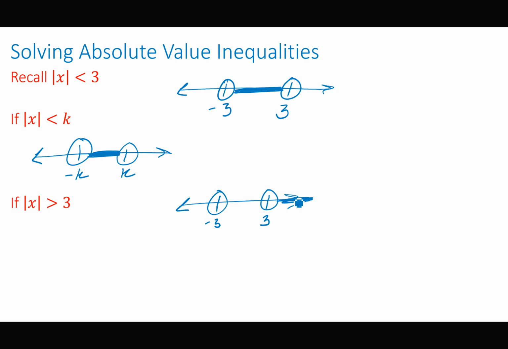So I know I'm going to be shading out. If I chose negative 5 works. So I'm shading out again. So in general, if I have the absolute value that's greater than my k, I'm going to be shading out.